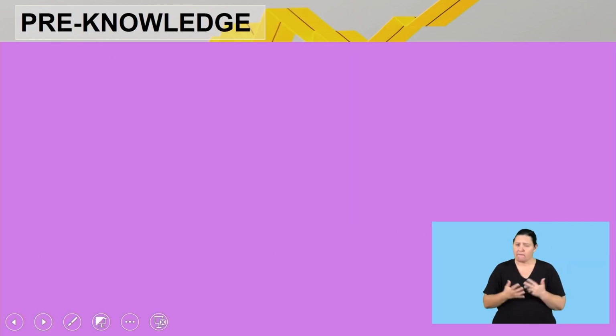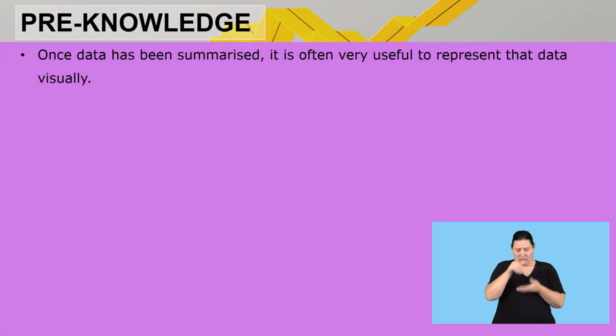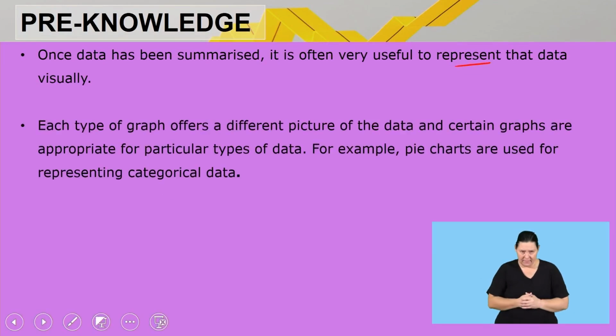Now let's quickly look at what you should know at this moment in time. We refer to that as the pre-knowledge. Once data has been summarized, it is often very useful to represent the data visually. Each type of graph offers a different picture of the data, and certain graphs are more appropriate for particular types of data. For example, we use pie charts to represent categorical data.